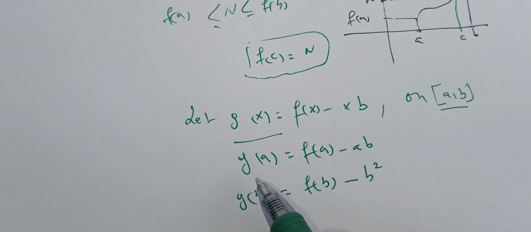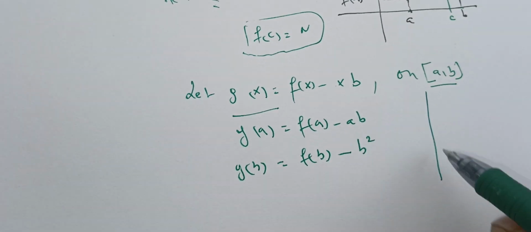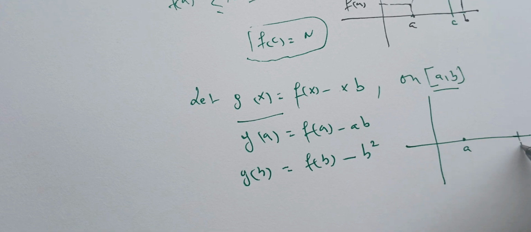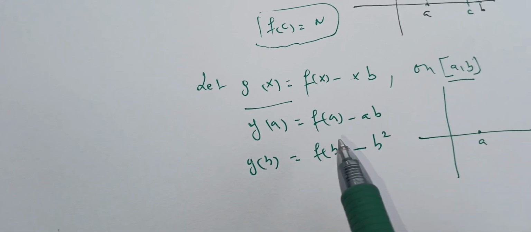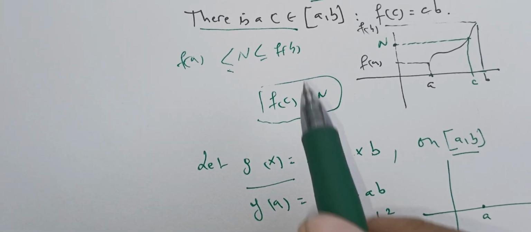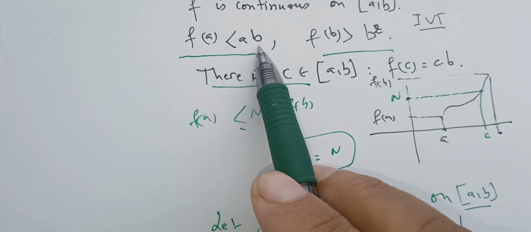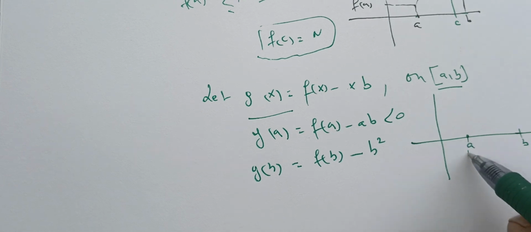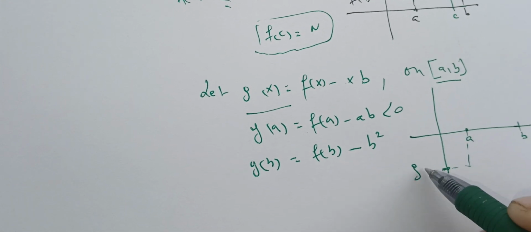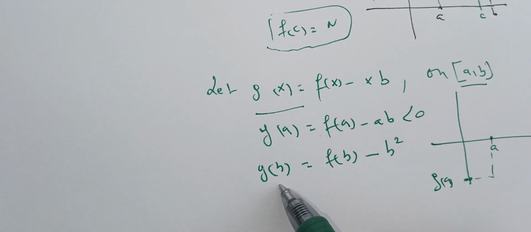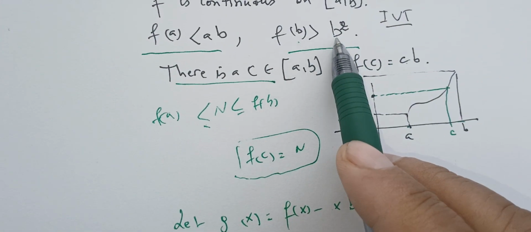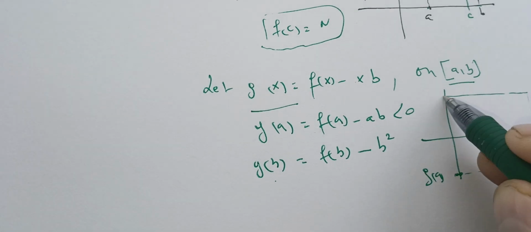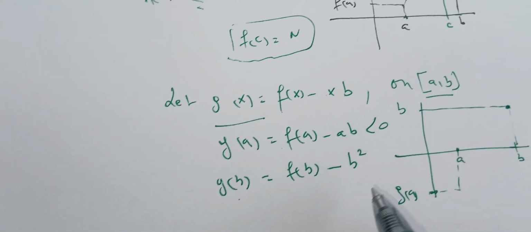So here let's assume that this is a, this is b, and so g(a) is f(a) minus ab, and f(a) is less than ab. That means this is negative. So g(a) is going to be here. And g(b) is f(b) minus b squared, so this is positive. So g(b) is here.